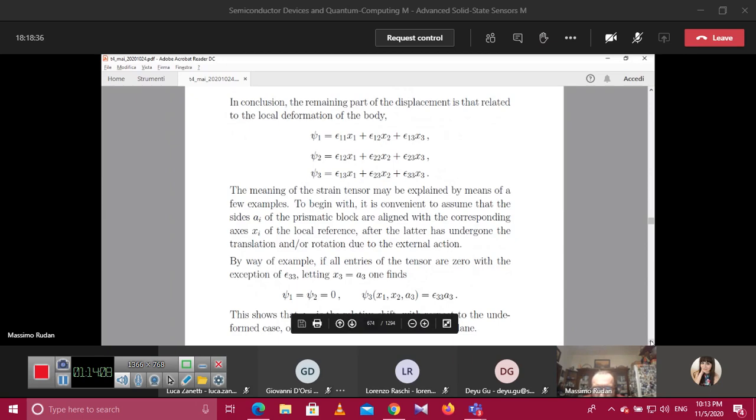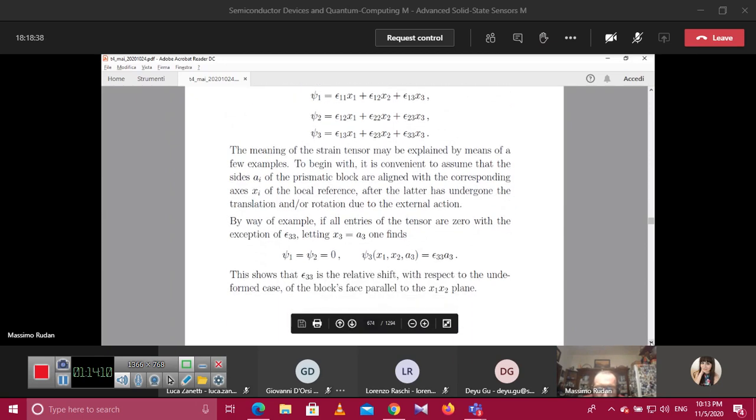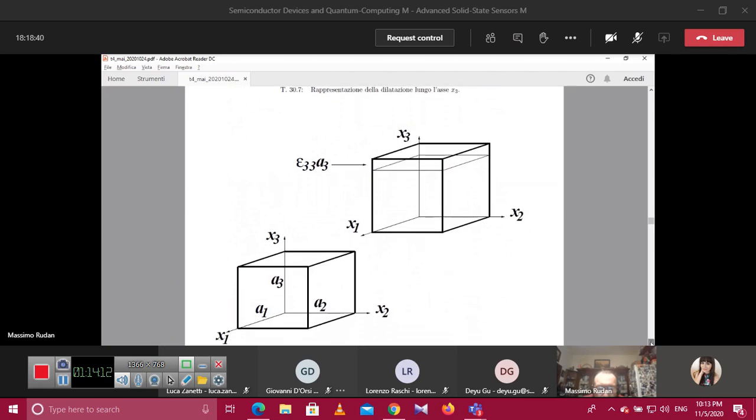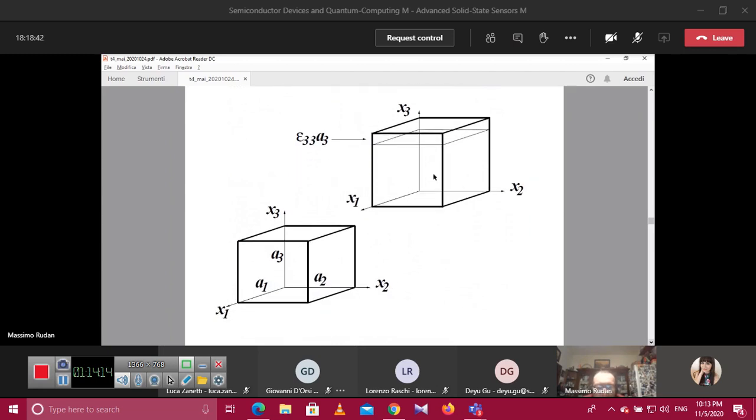If you look at the figure, we assume that the forces applied to the little block are such that we have a deformation only in the vertical direction and no deformation along x1 and along x2.